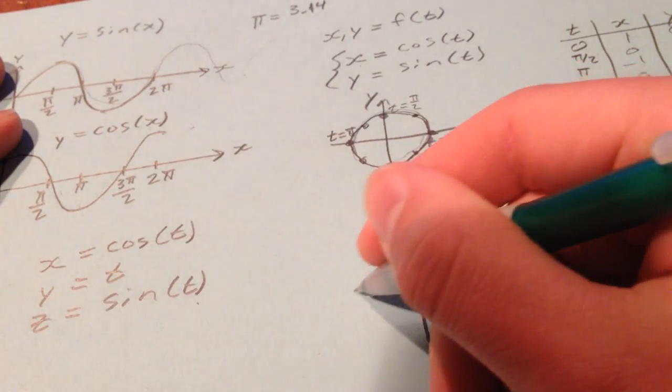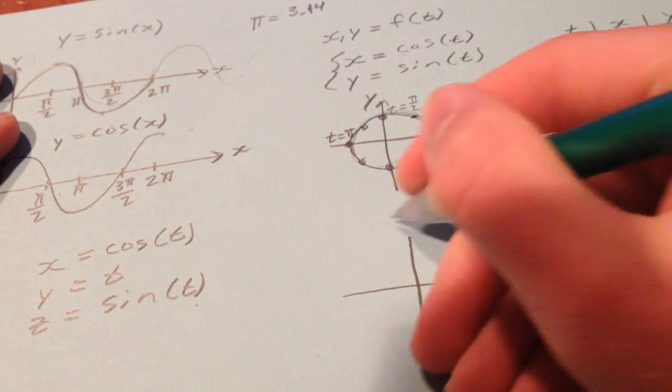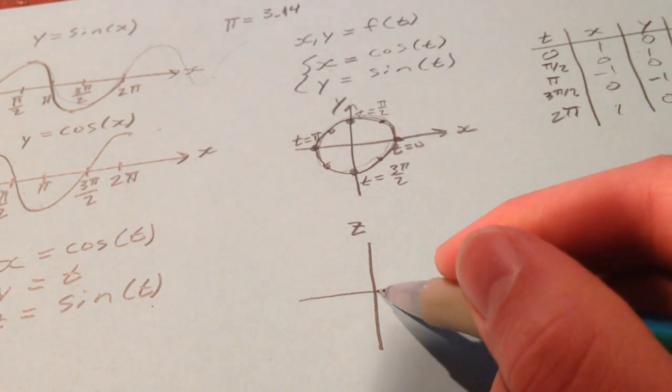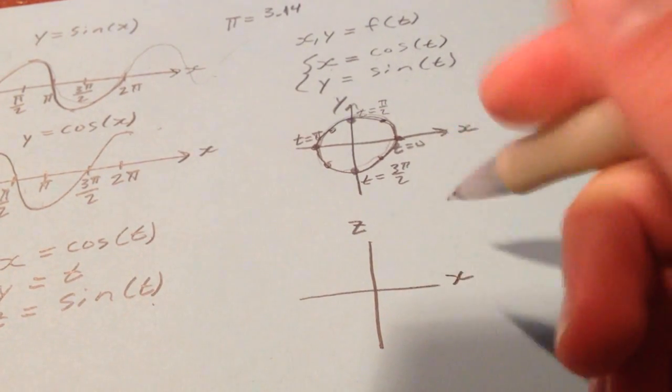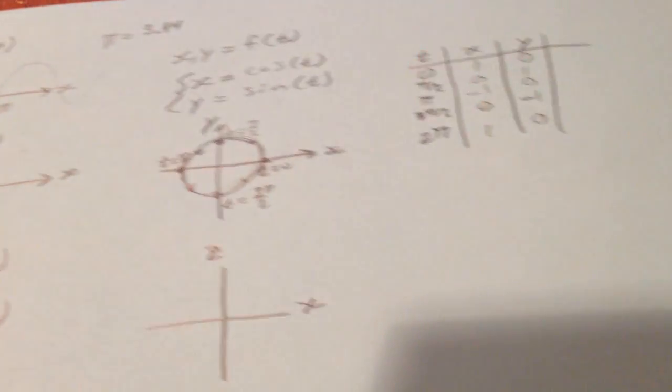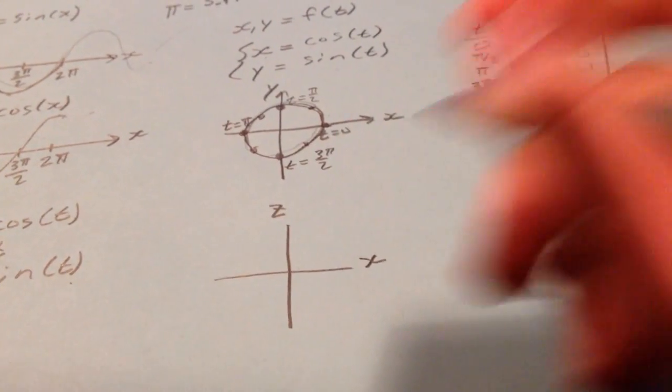We'll draw this again. So now this is x and this is z instead of y. And the y-axis is going to be coming out of the page like this. I know it's hard to visualize, but do your best.